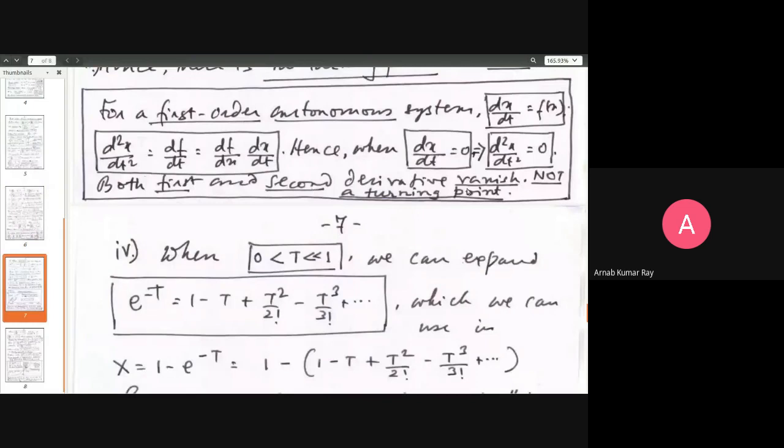It is this. e raised to minus capital T is e raised to minus bt.